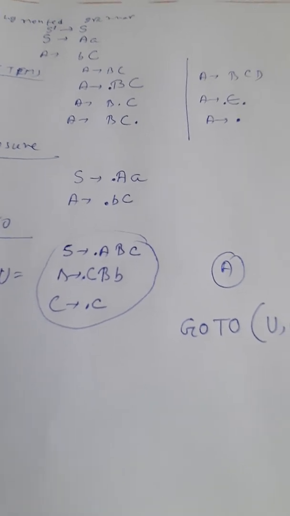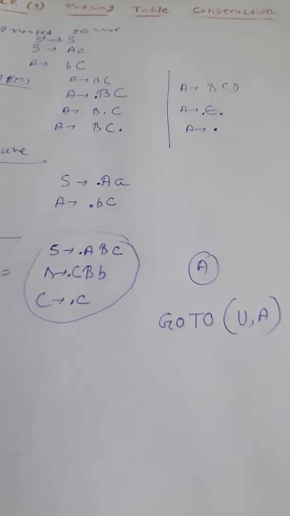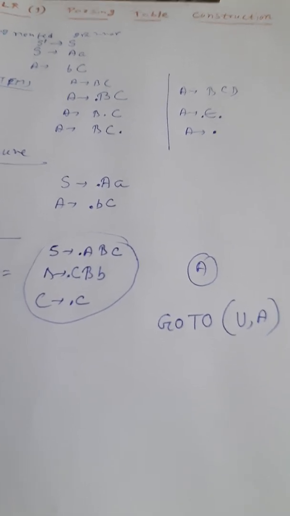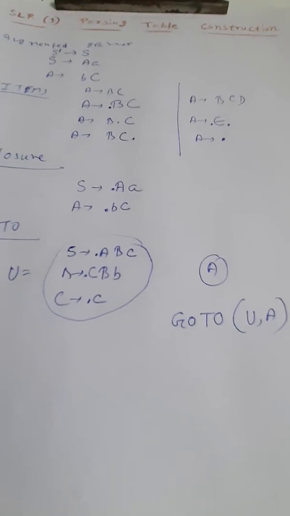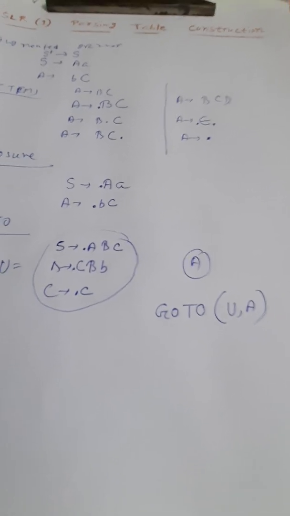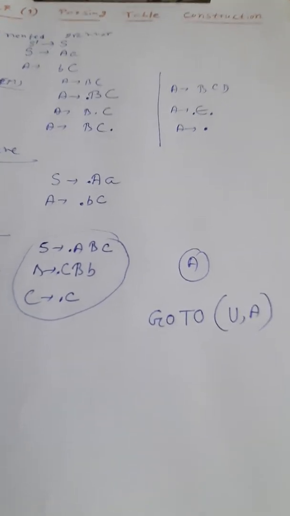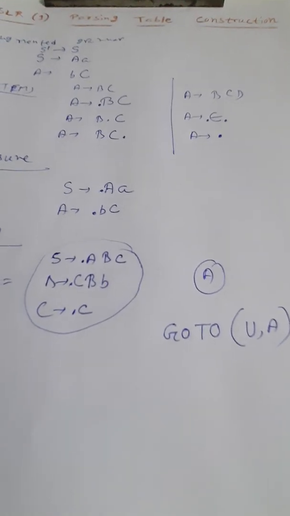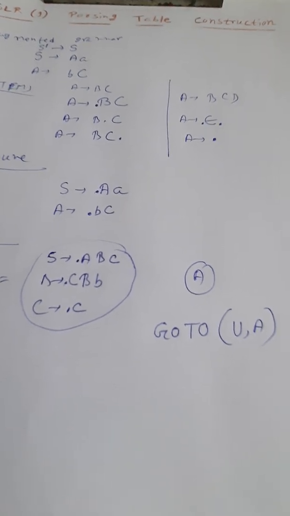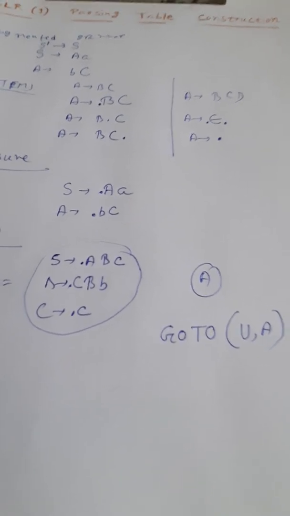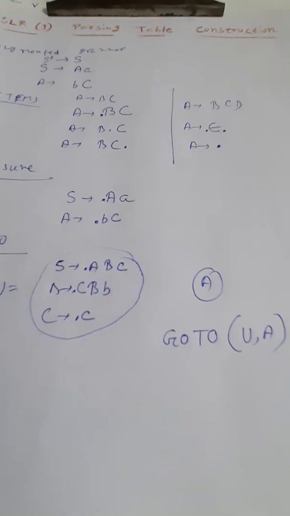If no such rule is there, goto of U comma A will result in an empty set, which is not of any use. So there is one discrimination among closure and goto: in goto you can obtain an empty set, but in closure always something would be there, at least that one rule.